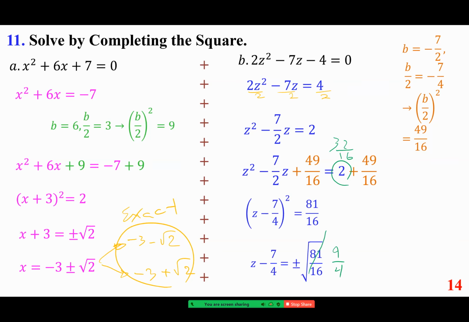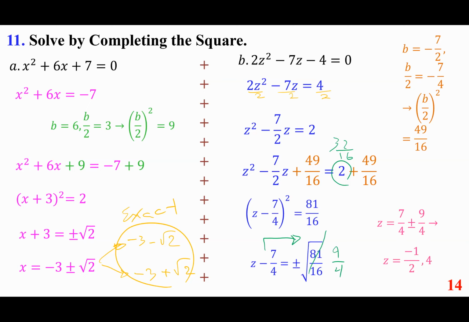We are moving the -7/4 to the right, becomes +7/4. If we add up 7 and 9, 16 over 4 gives us 4. If we subtract 7 minus 9 is -2 over 4, or -1/2.